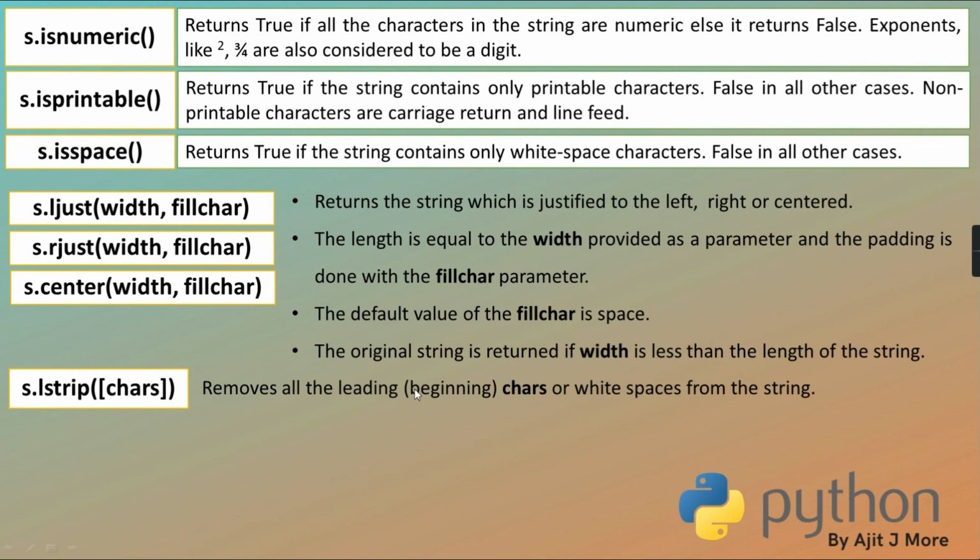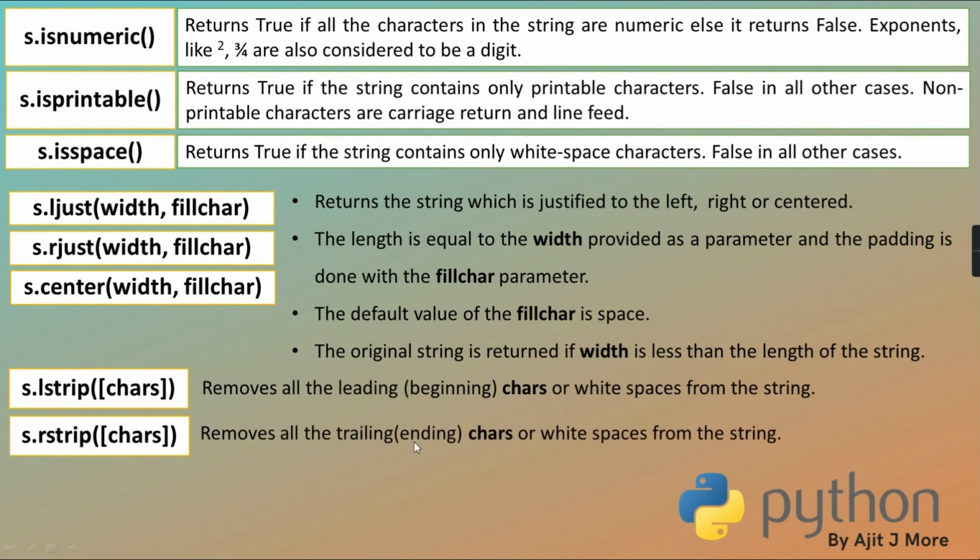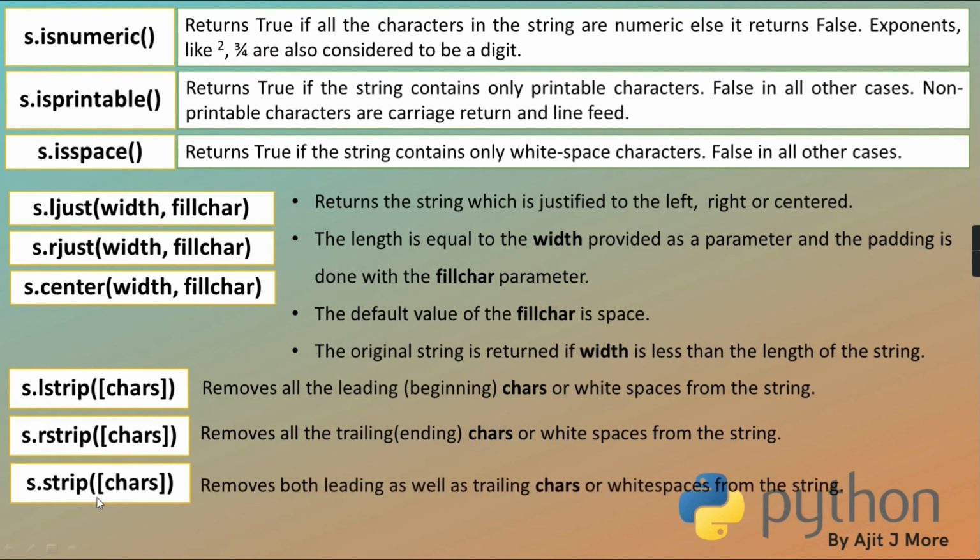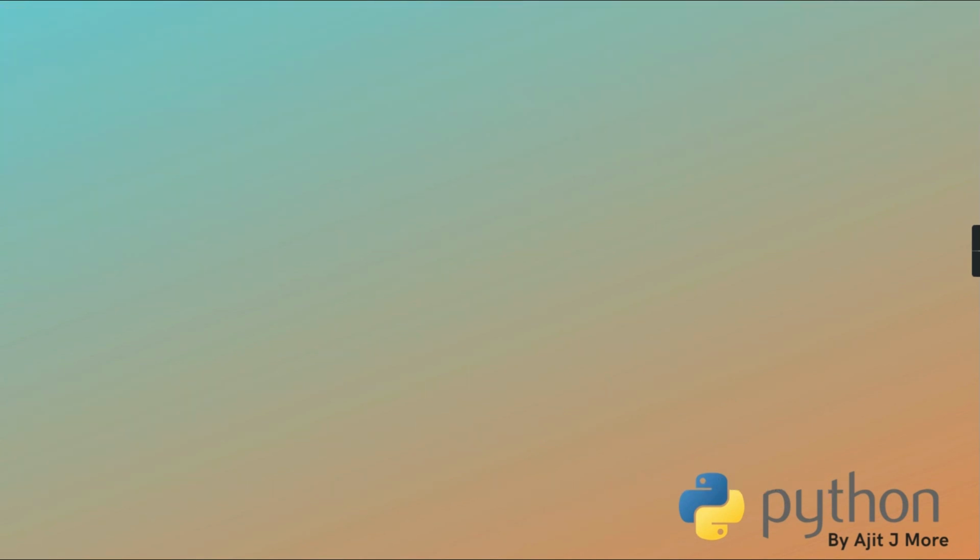If you have given characters, it will delete only those characters from the beginning. rstrip will delete the trailing, that is ending, characters or white spaces. And last is strip. It will delete the characters or white spaces from both directions, removing both the leading as well as trailing characters or white spaces. Okay? I hope you got it.